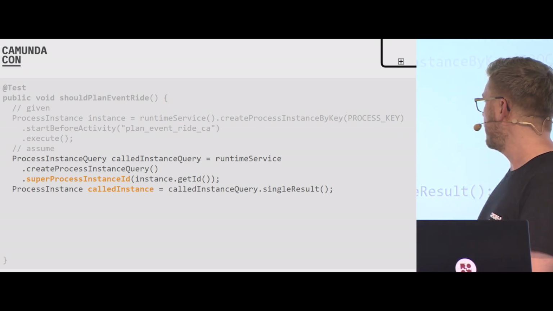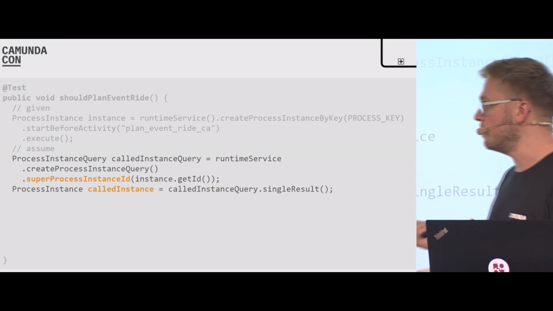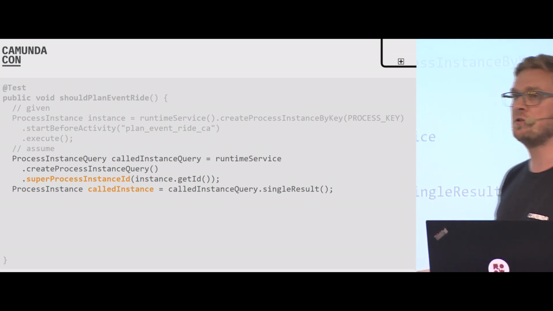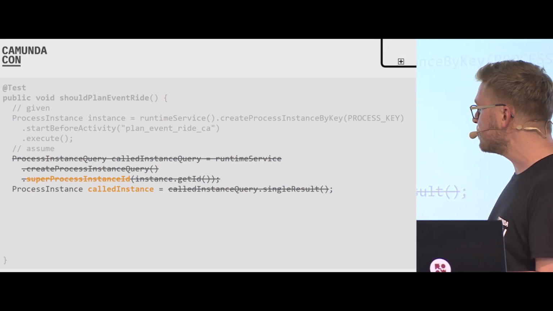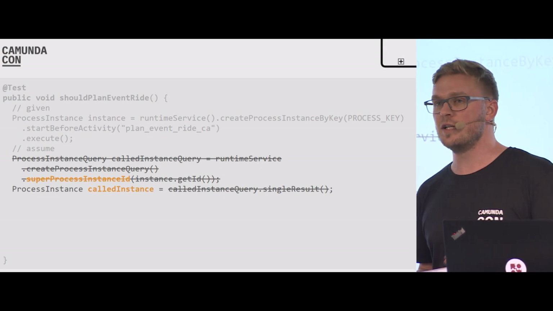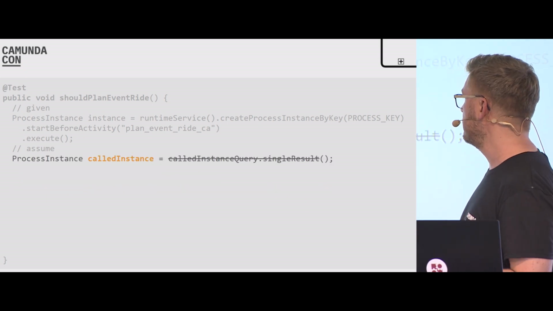And then you can use the query in order to get the instance, which is okay if you know it, but if you have to find out, well, that's a thing you have to do. And actually what we want to do is we just want to have the instance that has been called by our instance. So why don't we just write down exactly that?